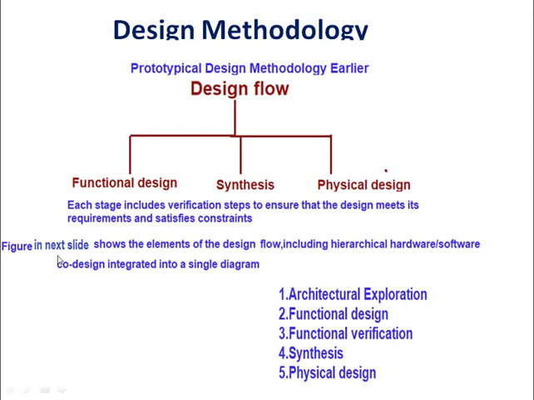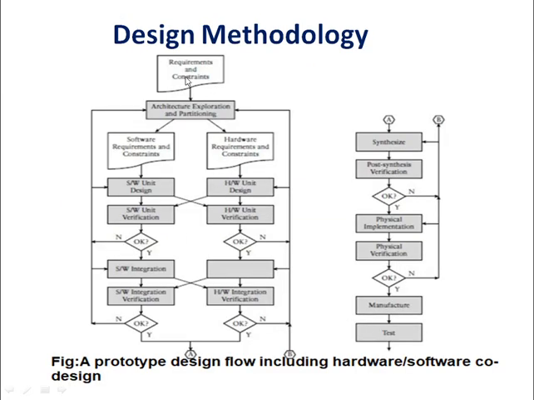Let us see the flowchart in the next slide. It shows the elements of the design flow, including hierarchical hardware and software code design, integrated into a single diagram. In this flowchart, we can broadly classify into architectural exploration, functional design, functional verification, synthesis, and physical design. Let us see the flowchart here.